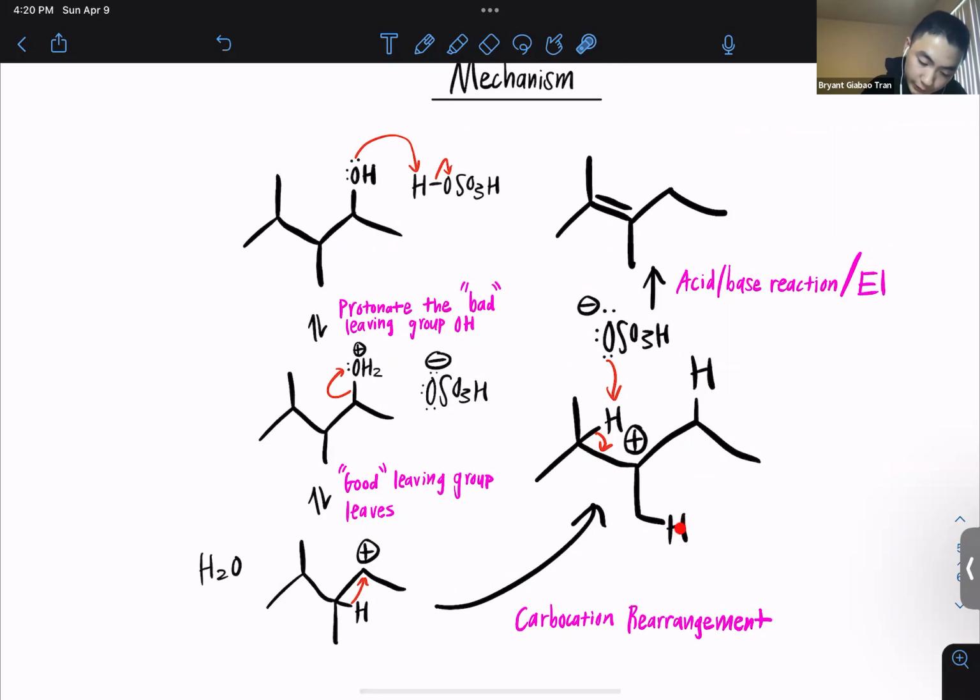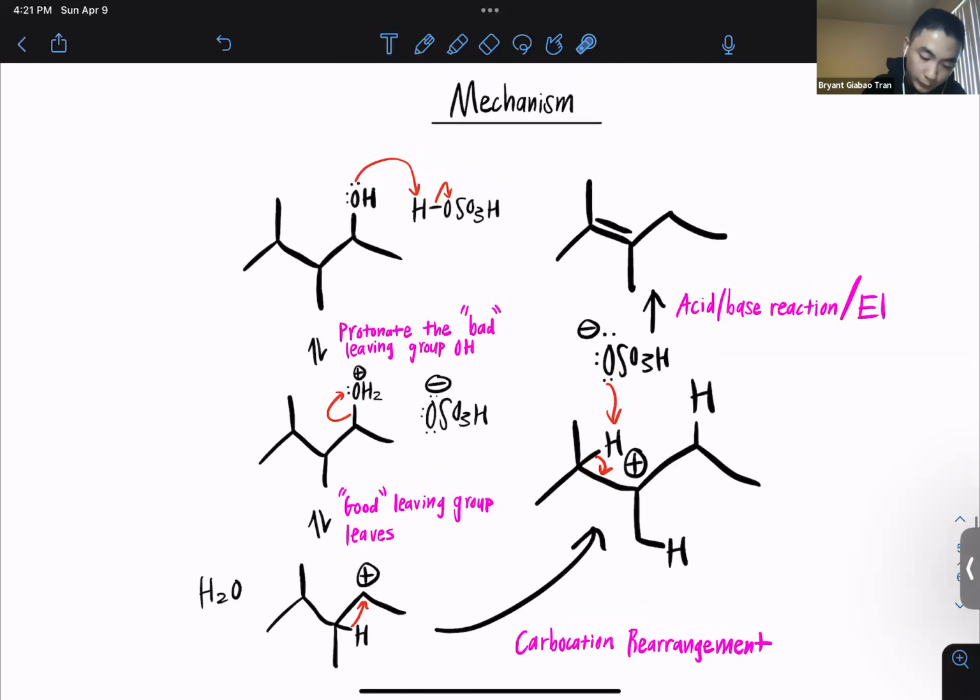If we grab this hydrogen, we would form this double bond, which is a geminal di-substituted double bond. But if we grabbed this hydrogen, then we are going to form the tetra-substituted double bond, which is the most stable double bond that we can get, which is why we're going to use the conjugate base that we formed in the first step. We form our acid catalyst by grabbing this hydrogen and forming our most stable tetra-substituted double bond here.